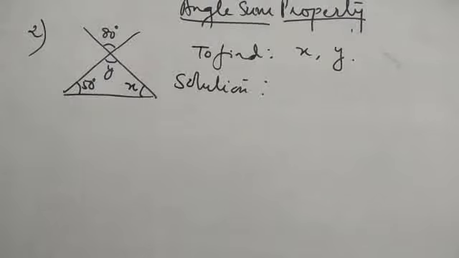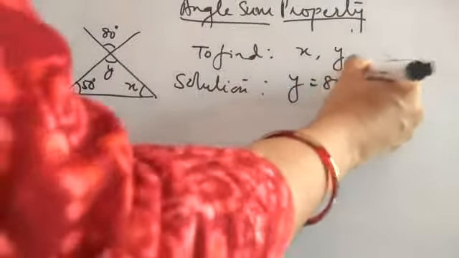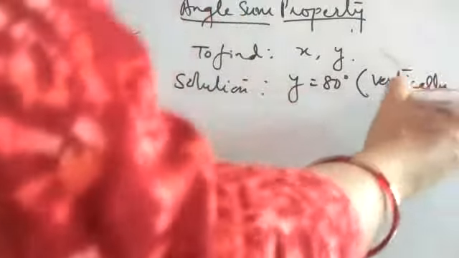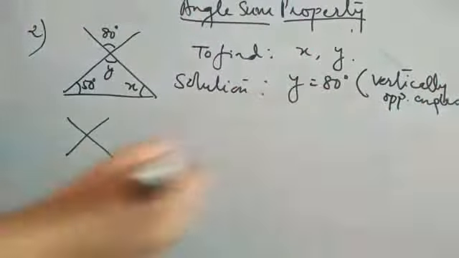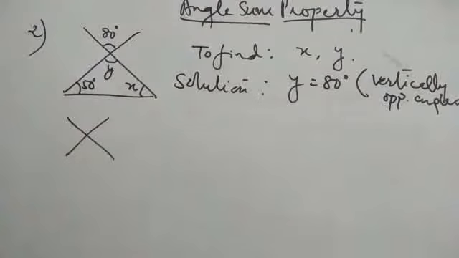These are vertically opposite angles, which you have already studied, and vertically opposite angles are equal to each other. So y is equal to 80 degrees. Why? They are vertically opposite angles. Now you know the value of y. It comes out to be 80 degrees.